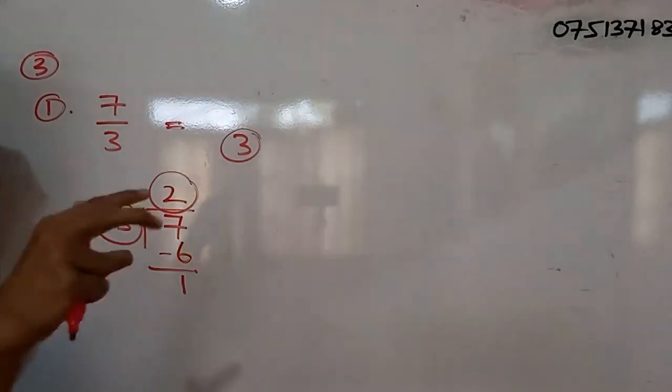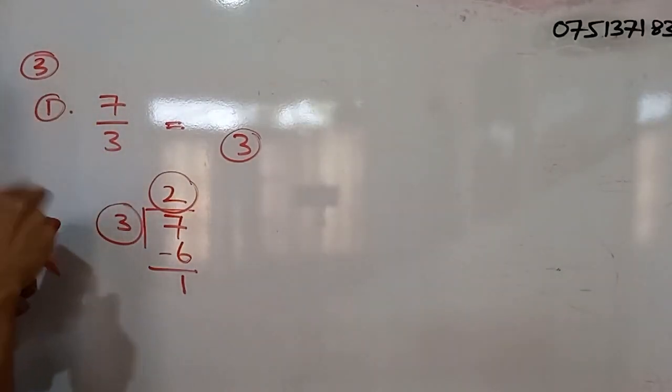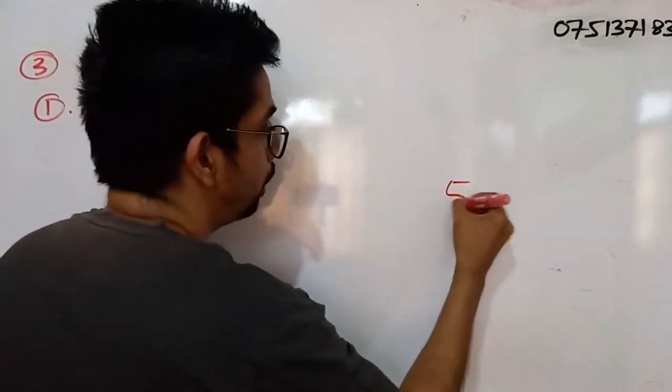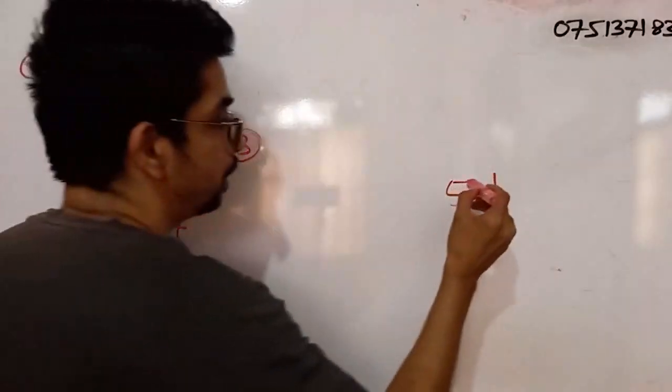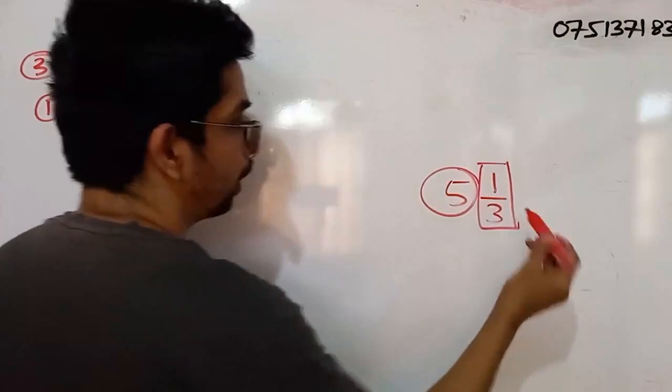So what must we do? We must convert the given fraction into a mixed number. Right? So if we talk about mixed numbers, it is something like this. When we talk about mixed numbers, it has a what? A whole number part and a fraction part.